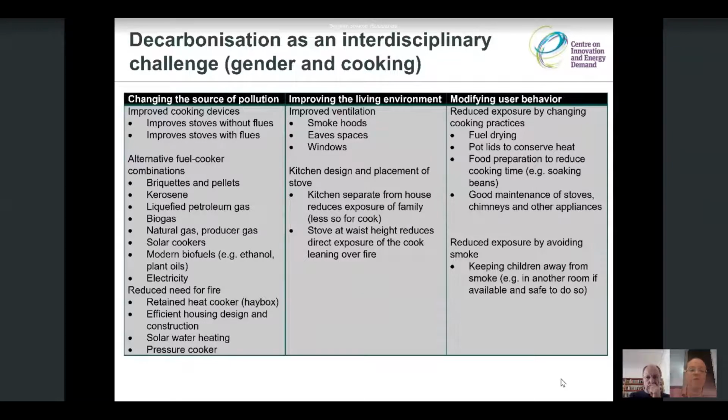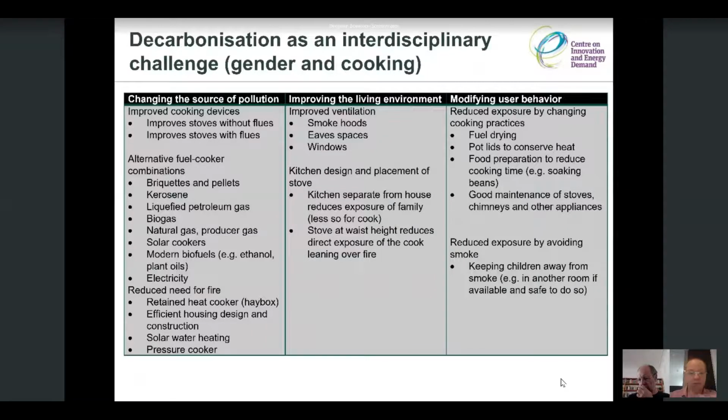Only by doing all 3 things at once, changing pollution, environment, and behavior, can we start to tackle this very serious issue and gain a better understanding of the gender norms and cultural dynamics that trap women and children into literally dying based on how they use energy.